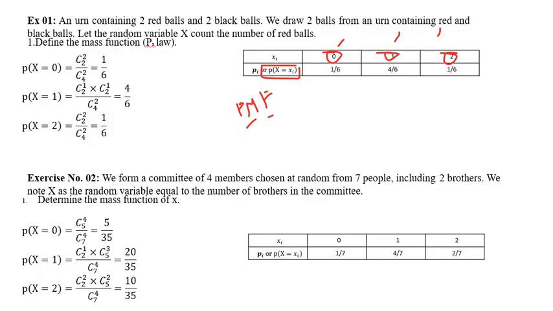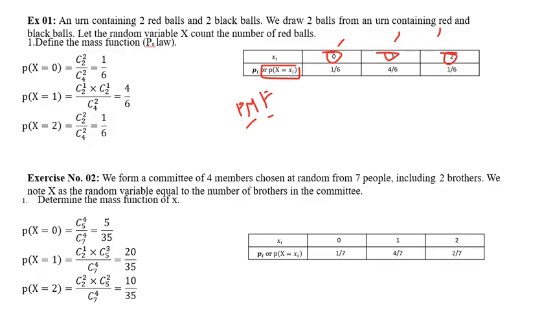Since the order doesn't matter and repetition is not allowed, we have a combination here. What is the number of combinations that makes us get 2 black balls?